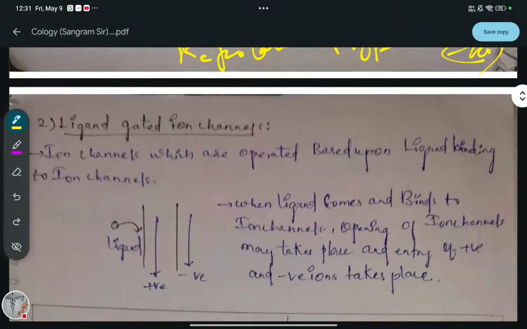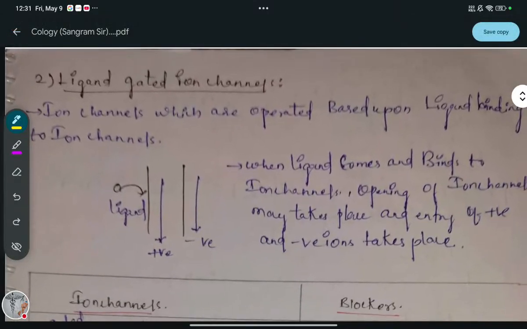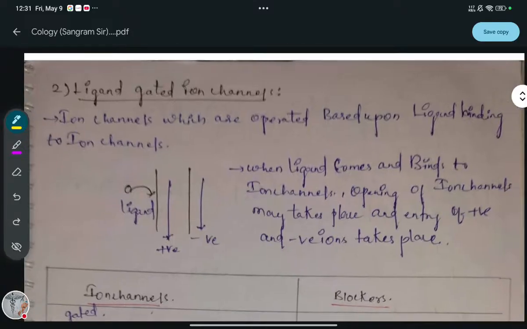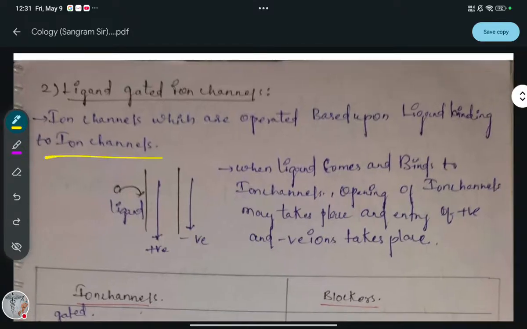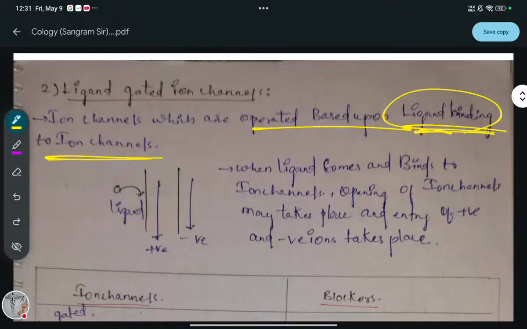Okay. So what are ligand gated ion channels? Ligand gated ion channels are the ion channels which are operated based upon the ligand binding to the ion channels. Ligand means different types of drugs, enzymes, hormones, proteins, neurotransmitters or anything.